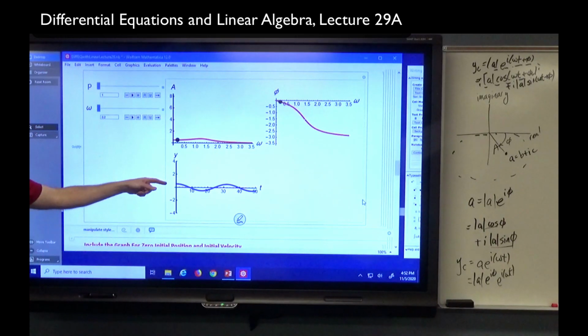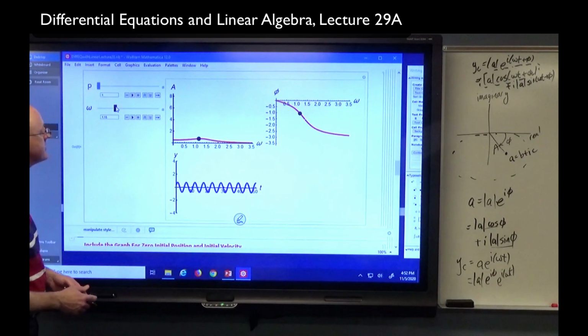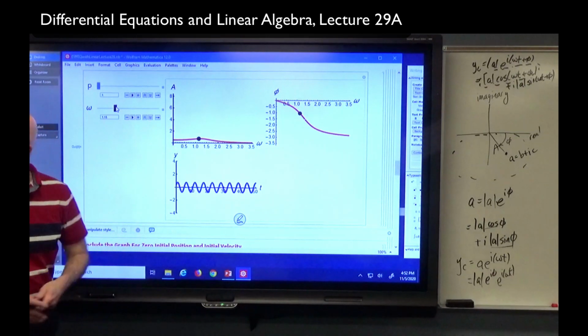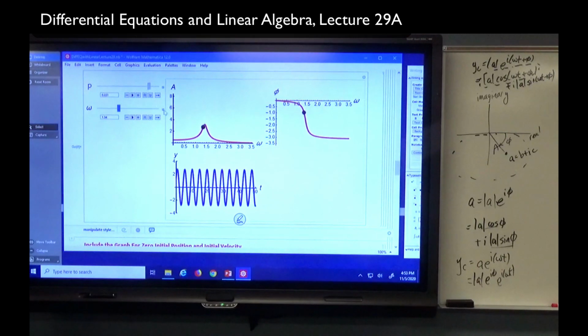Its amplitude, you can see, is maybe in the ballpark of 0.3 or something. As omega increases, which corresponds to a higher frequency forcing function, we are approaching a maximum amplitude for the forced response. But it's not very pronounced unless p gets smaller. As p gets smaller, you can see that amplitude gets higher.